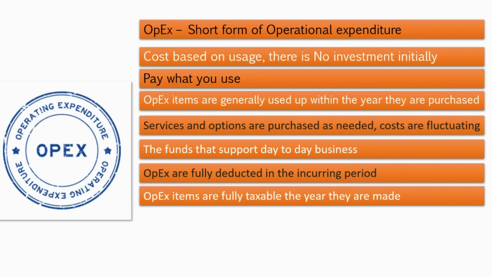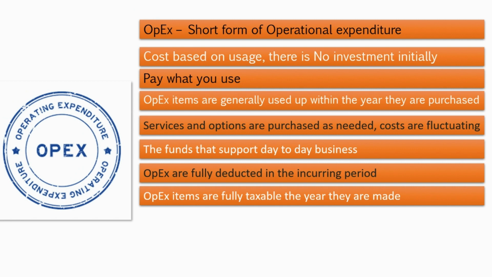Now let's take OpEx. OpEx is a short form of operational expenditure. It is the cost based on usage. There is no investment initially required; those are all considered OpEx.